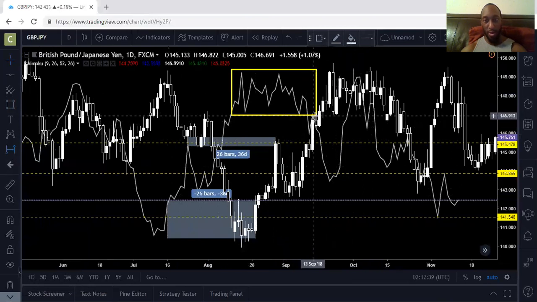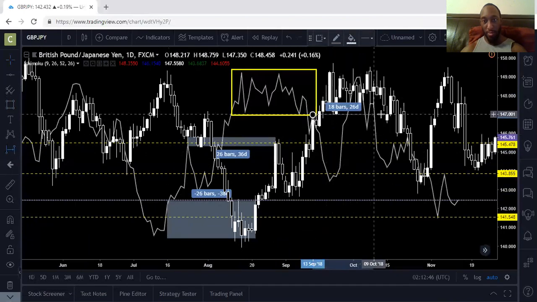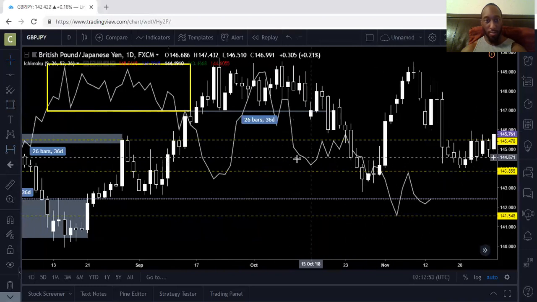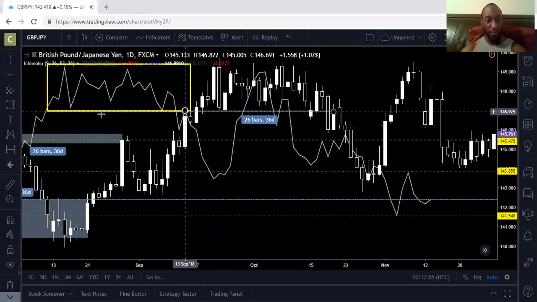Go right here. This was when the market started pushing down. If we go here, resistance right here.